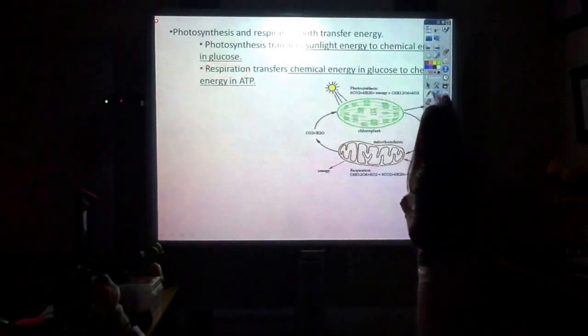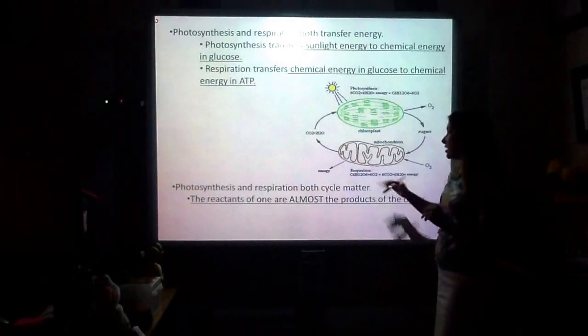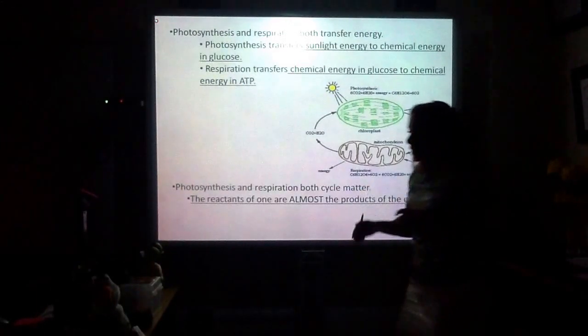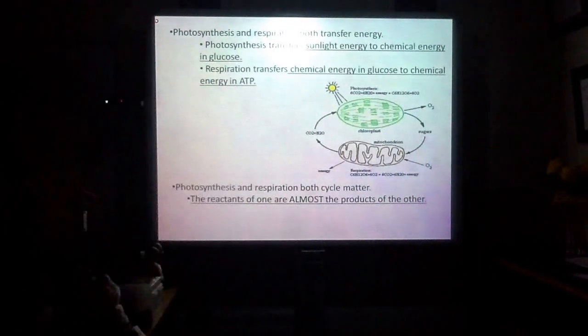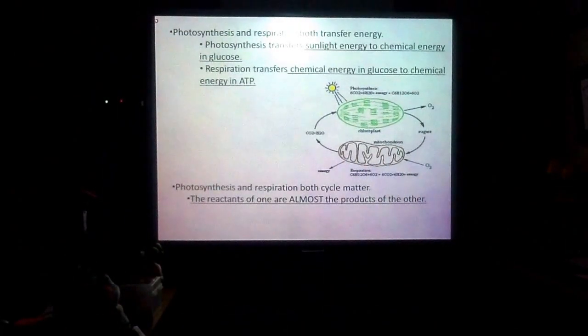The second thing that we see is that both photosynthesis and respiration cycle matter. Let's talk for a second about what matter means. The next sentence tells us that the reactants of one are almost the products of the other. What does that mean?